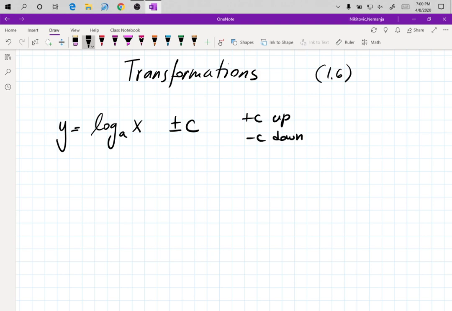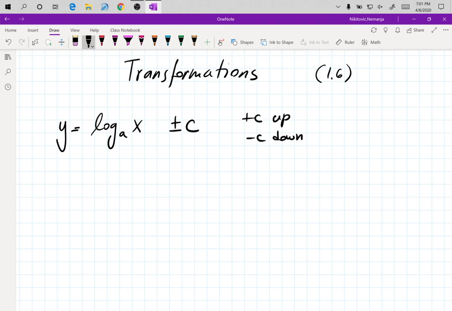Why? Because they're all functions. 1.6 are rules of functions. They are not rules of a particular type of function. They are rules for all functions that you can possibly think of. And because they are rules of all functions, they also apply to logs. That is something that you have to understand.